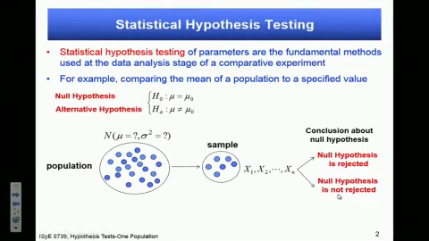Do we say we accept the null hypothesis? No. We say it is rejected or not rejected. Do you know why? Maybe some of you have seen this before. Why do we say either rejected or not rejected, and not accepted? You have to measure the entire population to be able to... Exactly. Because you get a sample.